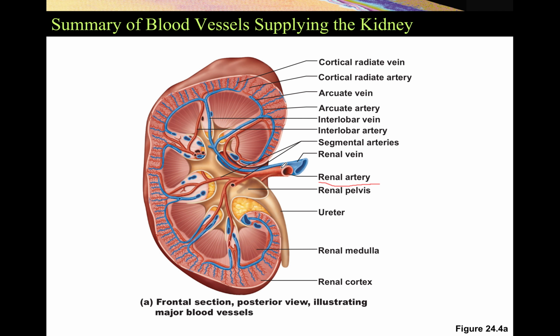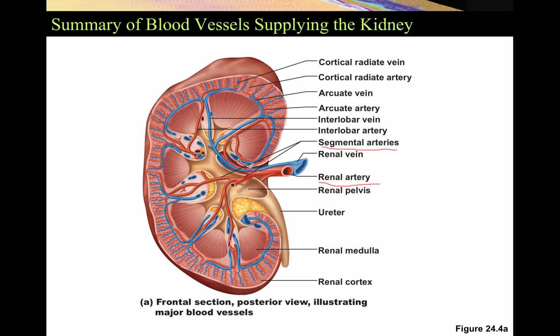So if you continue the renal artery, you notice that it starts to branch right here and then right here, and then you can see the branching. So this is the main branch, and then you get this branch and this branch over here. The immediate branching of the renal artery is referred to as the segmental artery.